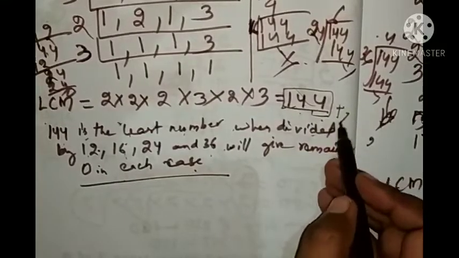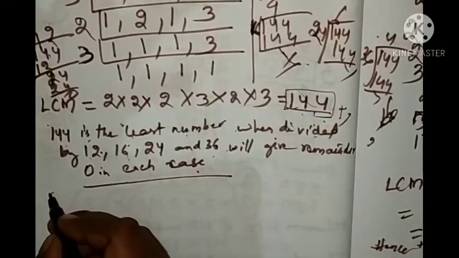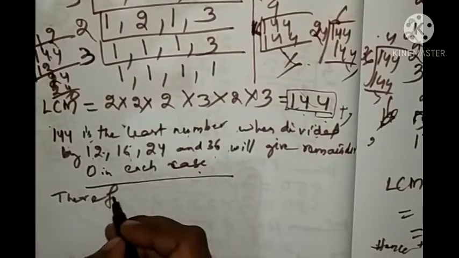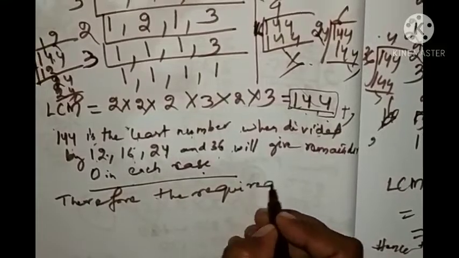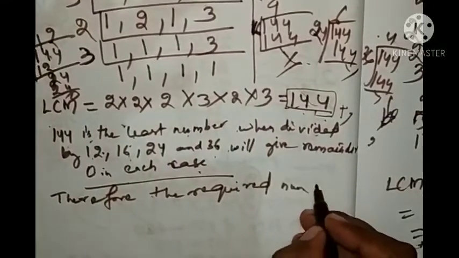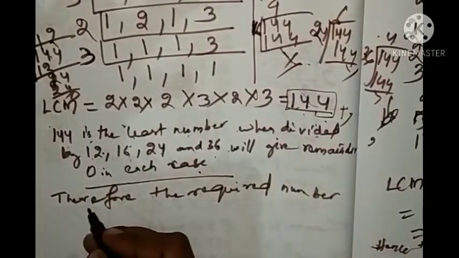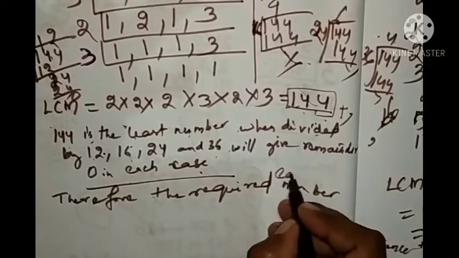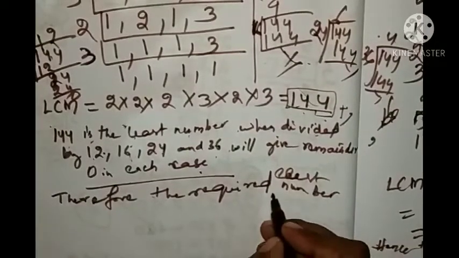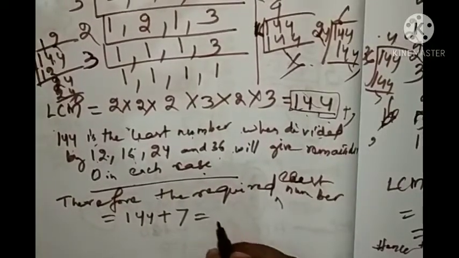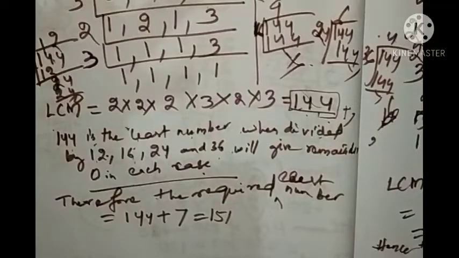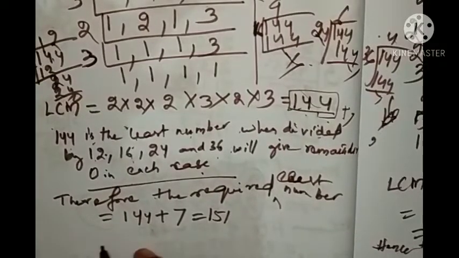Therefore, the required least number is equal to 144 plus 7, which is 151. So this is the answer. Now let's check that we are getting remainder 7 or not.